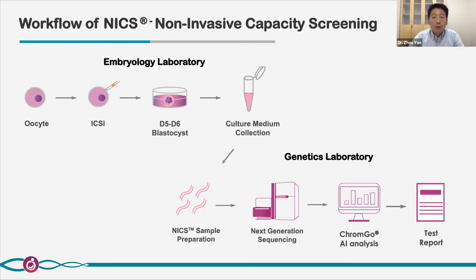The spent culture media is then harvested on day 5 or day 6, whenever the embryo is ready for vitrification.